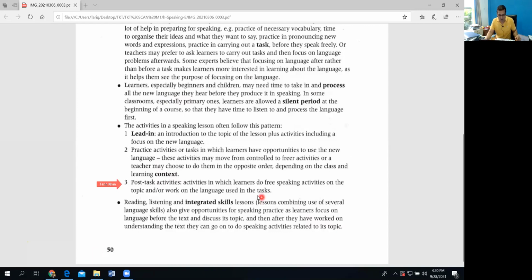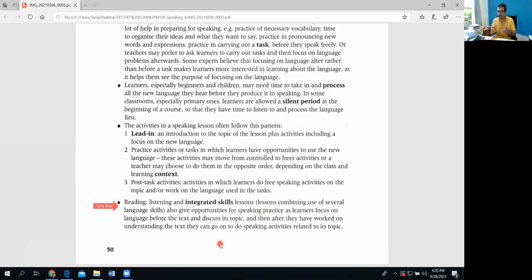Right, so now let's go to the next one. Reading, listening, and integrated skill lessons. Lessons combining use of several language skills. Integrated skill, where you are not using one skill. Like the primary teachers, they teach integrated subjects.